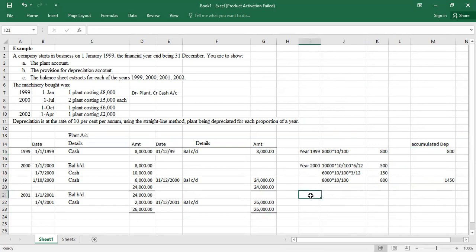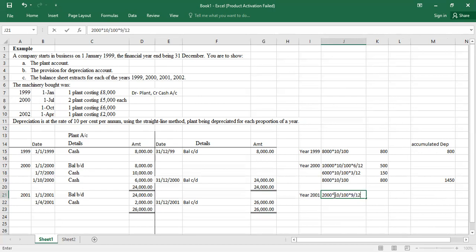Then I go to year 2001. In the year 2001, I'm acquiring 1 plant on 1st April at a cost of 2,000. Again, multiply by 10%, then multiply by 9 over 12, since we are acquiring it on 1st April and covering 3/4 of the year.